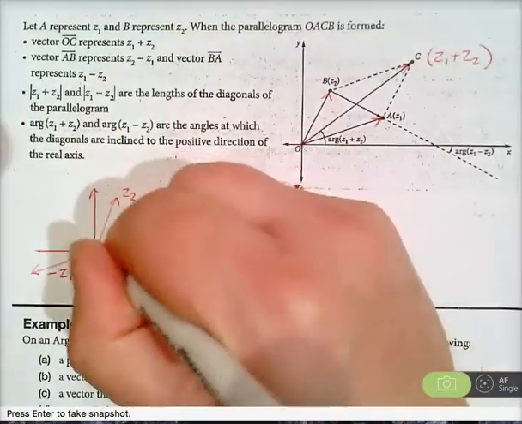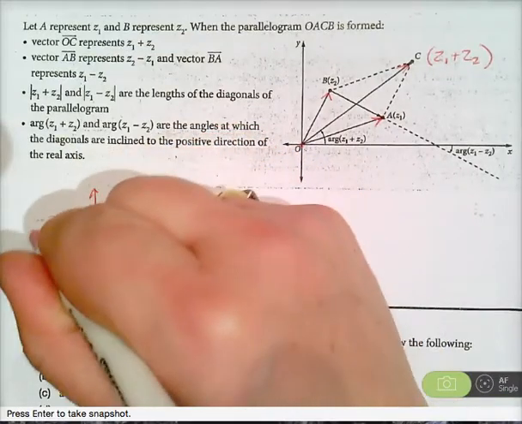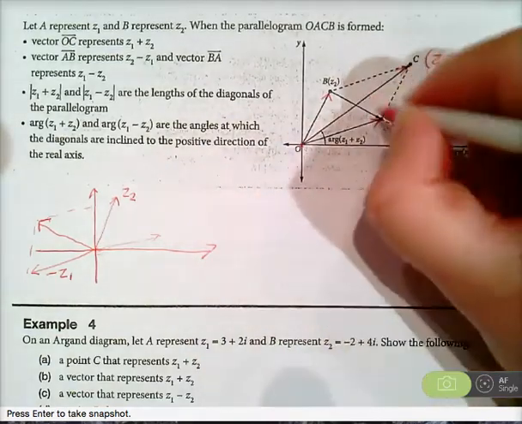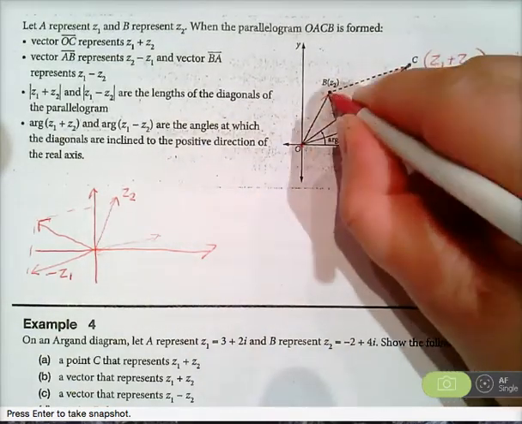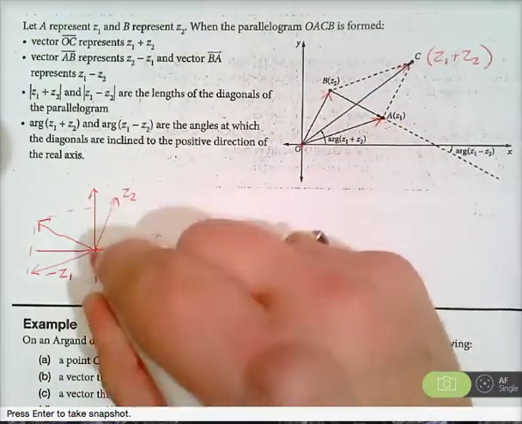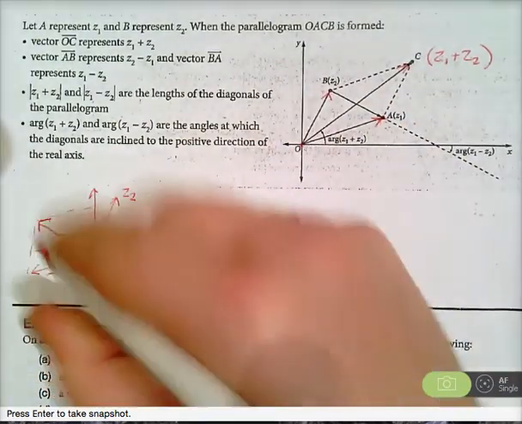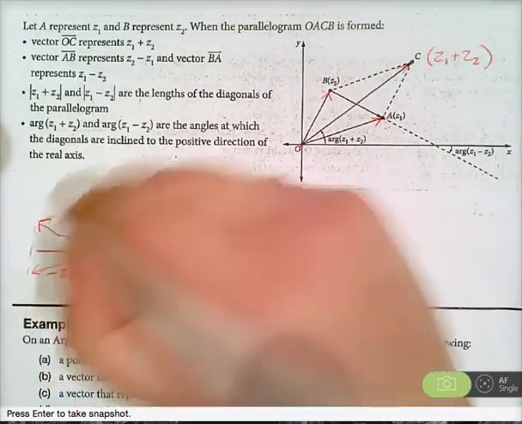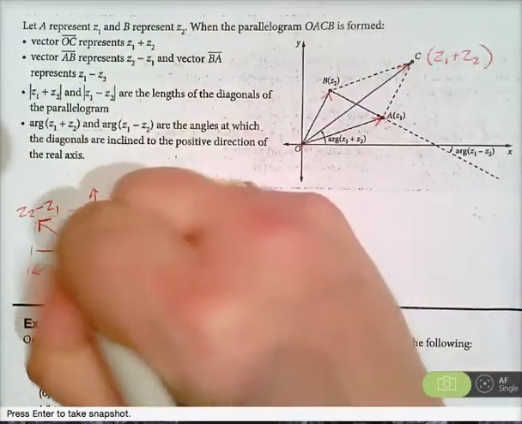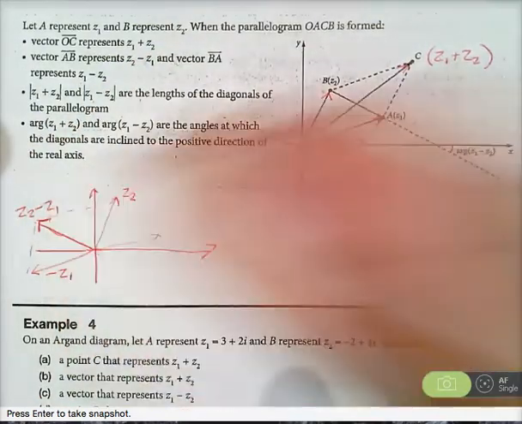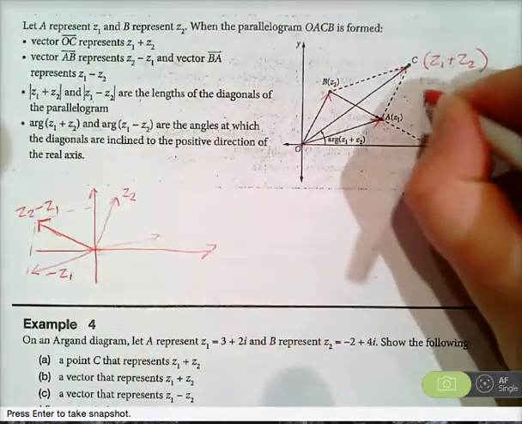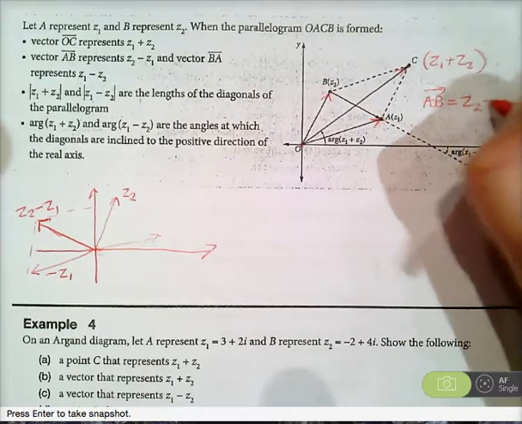And so Z2 minus Z1 forming the parallelogram would go in this direction, okay? So therefore AB, and that is in the direction of AB, okay? So even though our AB is there, we can see if we do Z2 minus Z1 there, and we draw this as our resultant of Z2 minus Z1, that vector is going in the same direction and has the same magnitude as this vector. So therefore, AB represents Z2 minus Z1.